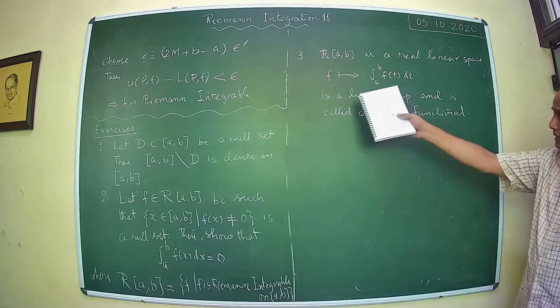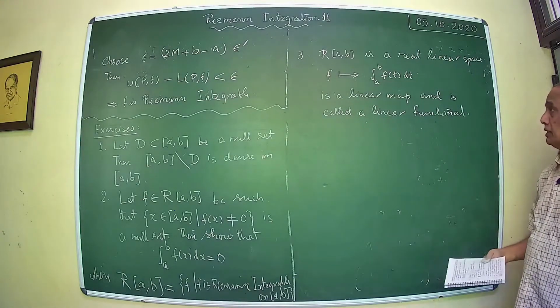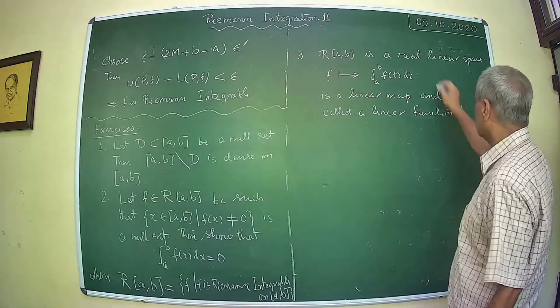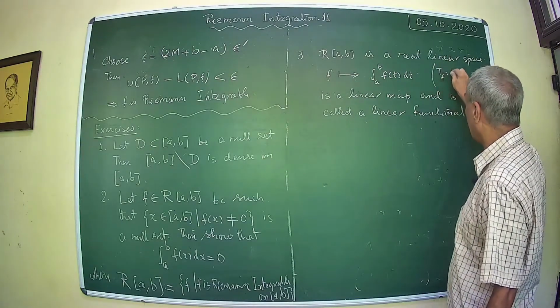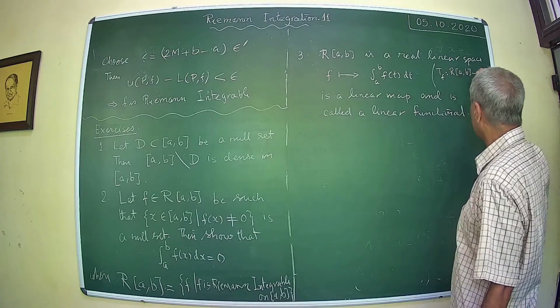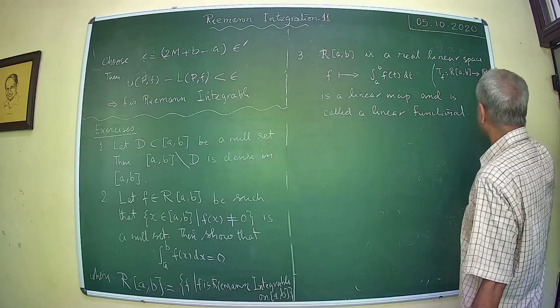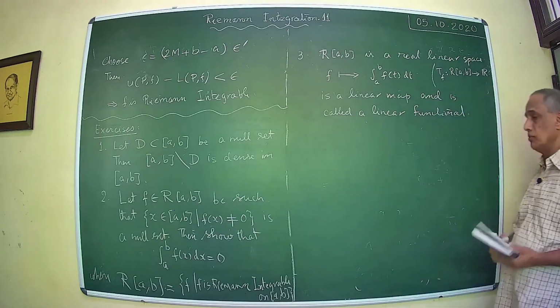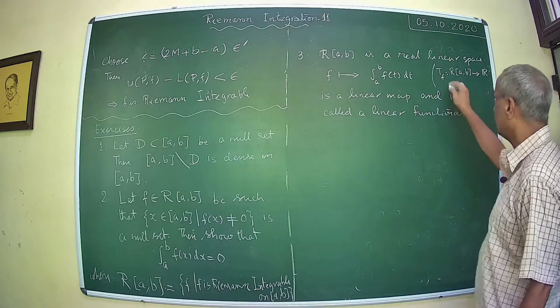And then you look at this map. Now this map can be looked upon as a map T from R[a, b] to R. It's a scalar valued function. Then you prove that T is linear.